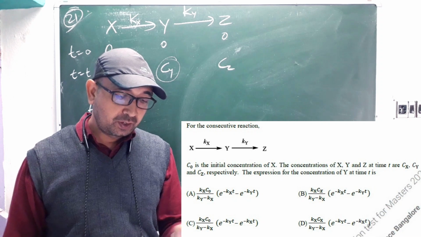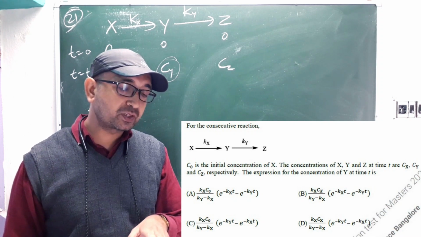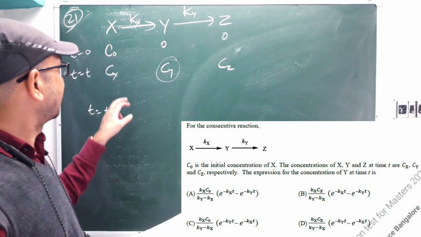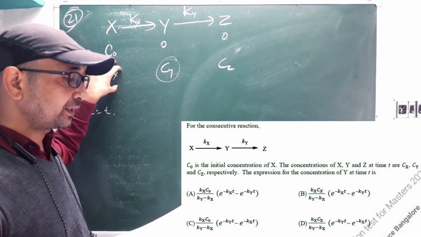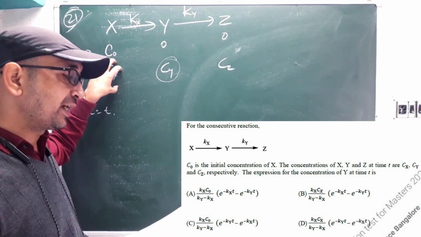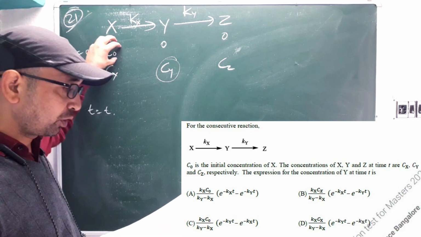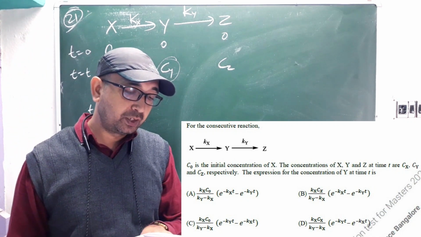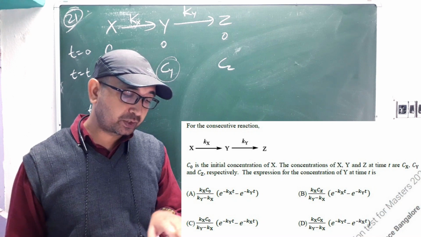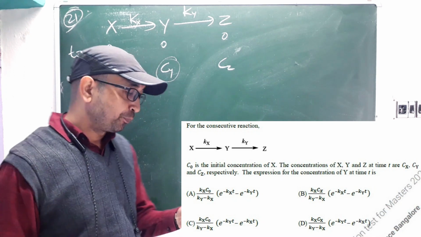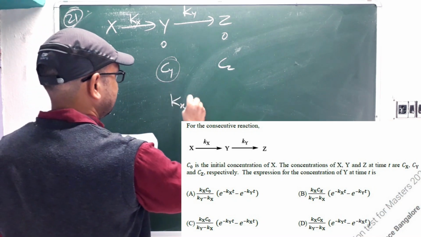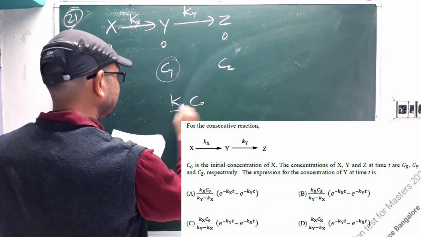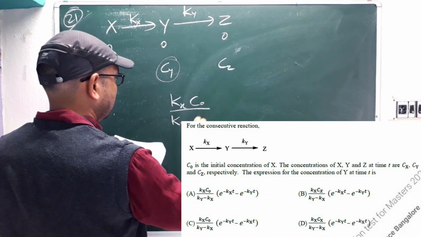First, options B and D won't be correct because they have framed it with Cx. It won't be Cx, it will be Kx C0. Okay, so between A and C, which answer will be correct? The first part is correct in both: Kx and C0 divided by Ky minus Kx.